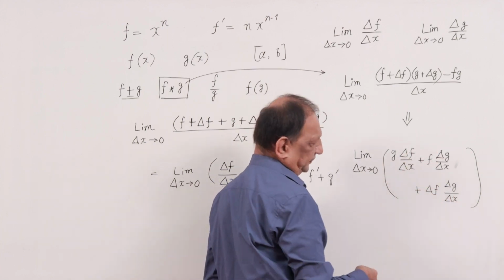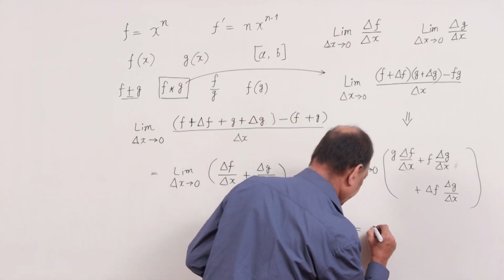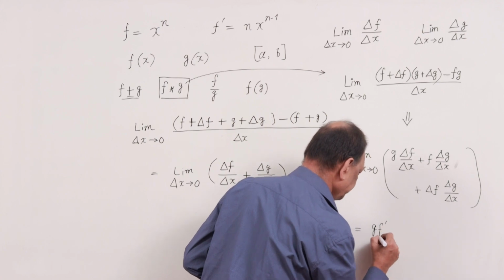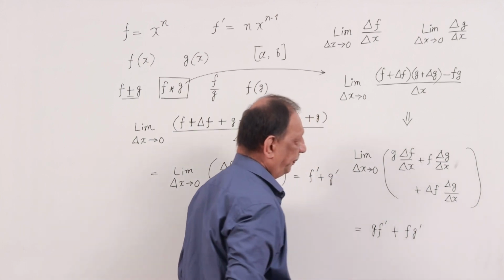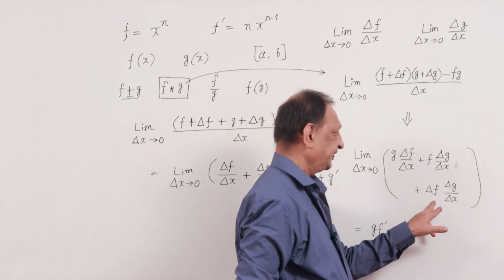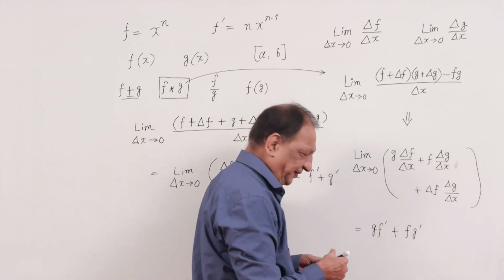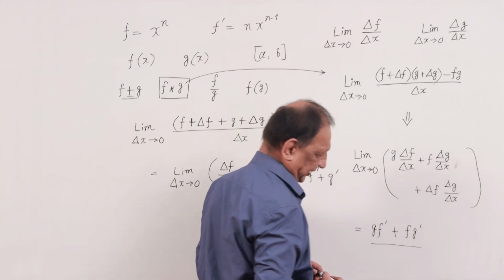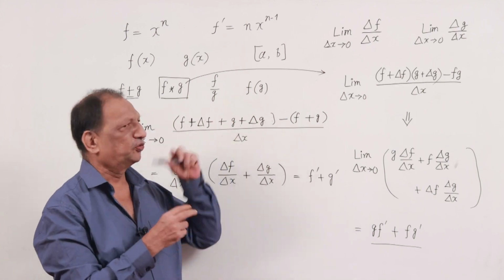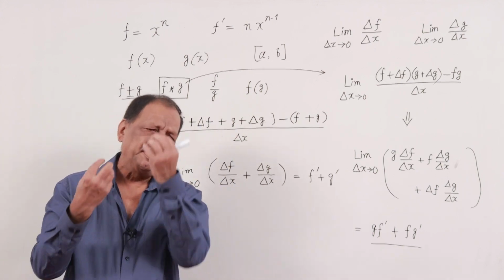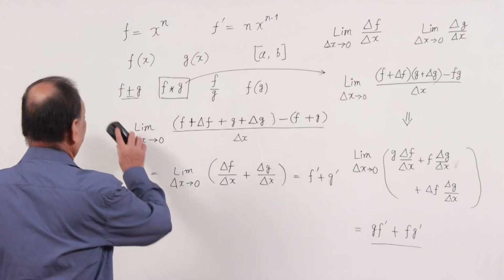The limit of three terms is adding the three limits. It is straightforward. This would be g f prime as the first term. Second term will be f g prime. Third term is delta f actually going to 0 and multiplied by g prime, so it will be 0. You don't have to write it. So this is going to be the answer for the product: g f prime plus f g prime. That means when you have a product of two functions, derive them independently and multiply and add the two terms that you get. Simple. Sounds quite simple.